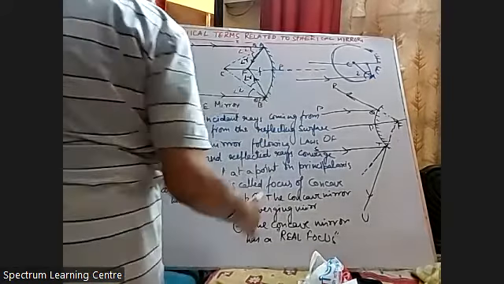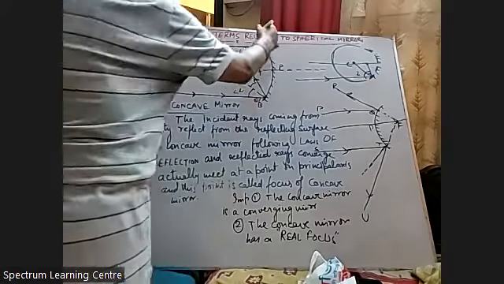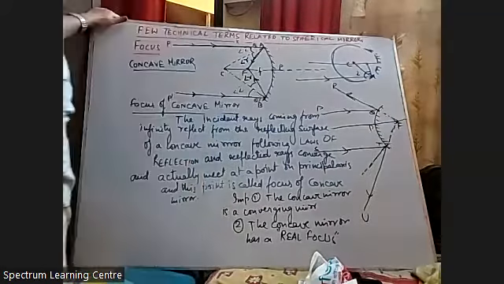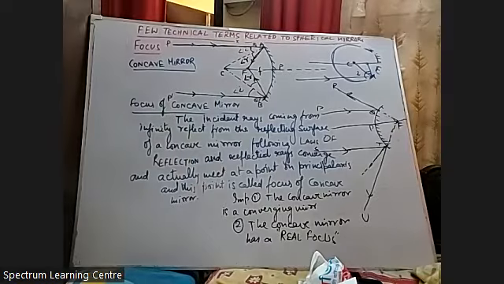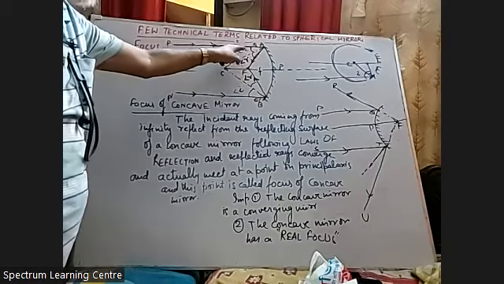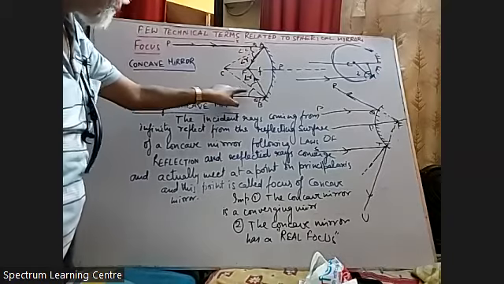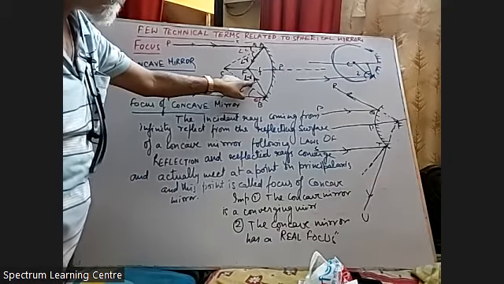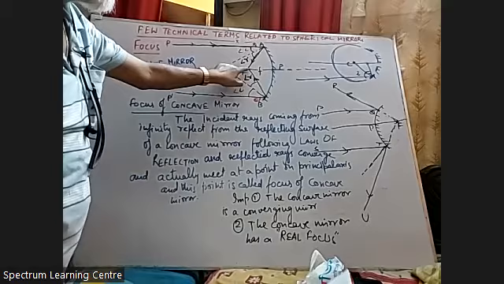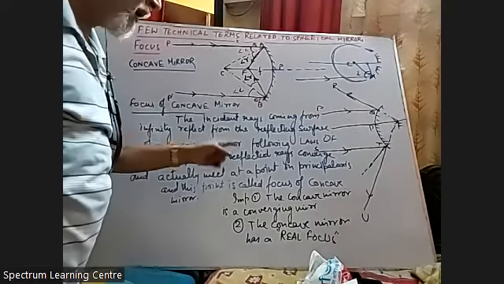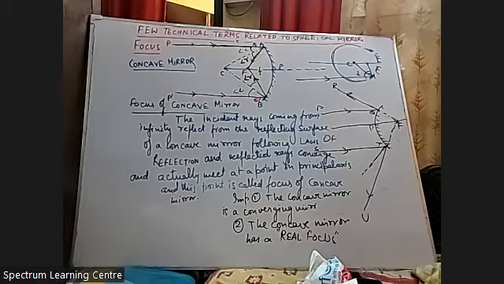That will be the tangent at that point. So from there, you will be clear what the angle of incidence is. Keep the angle of incidence and angle of reflection the same, and you will find the reflected rays are meeting at the focus of the concave mirror only. Clear?